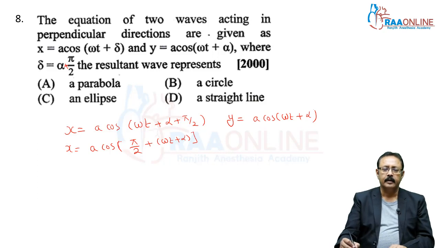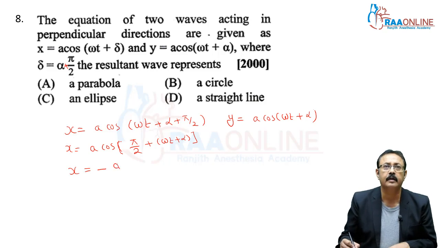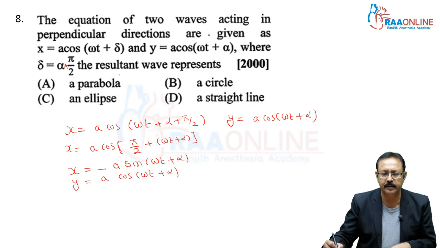See, cos (90 plus theta) is minus sin theta. So what are we getting? x is equal to minus a sin (omega t plus alpha). And what is y? a cos (omega t plus alpha).